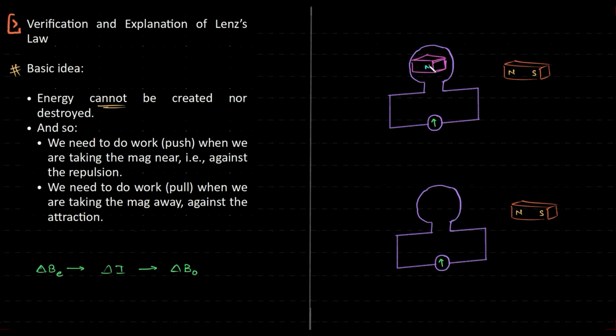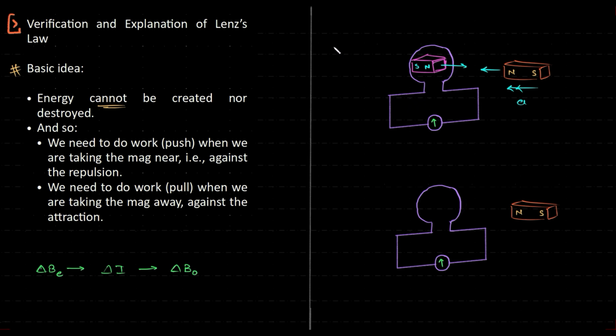Has to be a north, or in this a south. So there has to be a push when this is moving towards. That's your direction of acceleration. And the current has to be in a particular way.